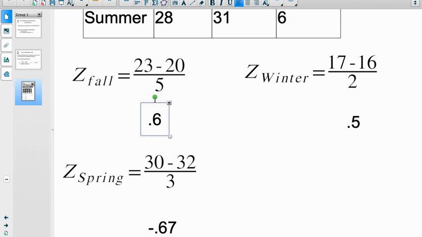And in summer, also below, but we're only half a standard deviation below the mean. So looking at this, Batman did the worst in spring because more standard deviations below the mean, and the best in fall compared to normal because he was 0.6 standard deviations above the mean.